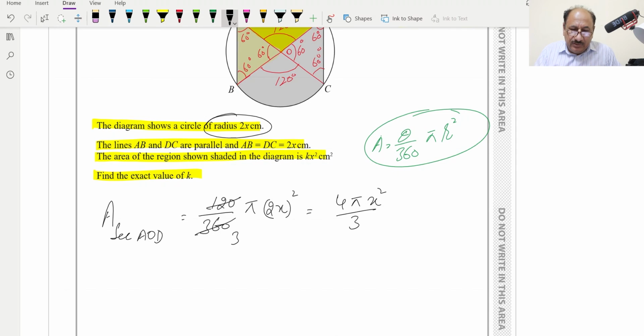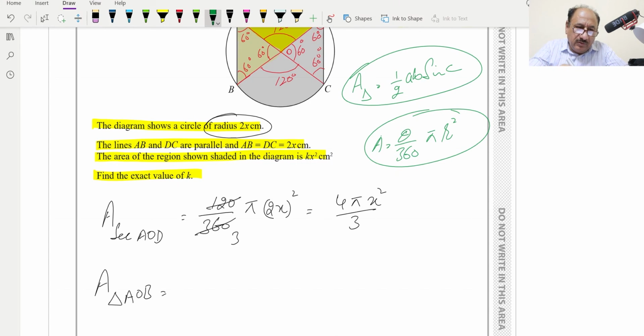So this will be the area of one sector, and for the area of the triangle, we can find triangle AOB. For triangle AOB, we can apply another formula, which is: area of triangle is equal to 1 by 2 ab sine C. So we can use this formula, and this will be equal to 1 by 2.